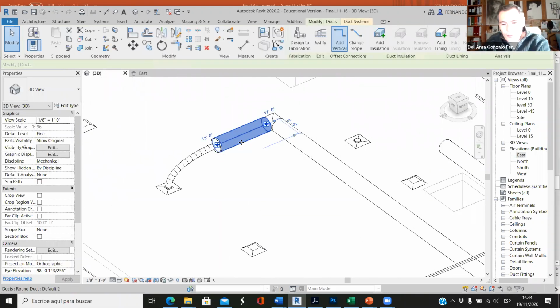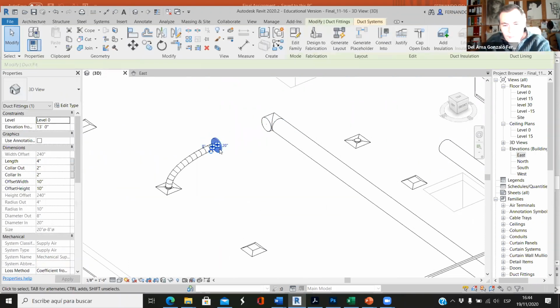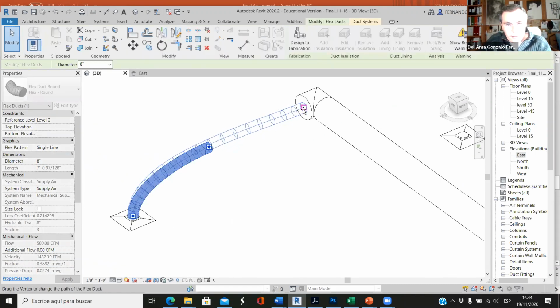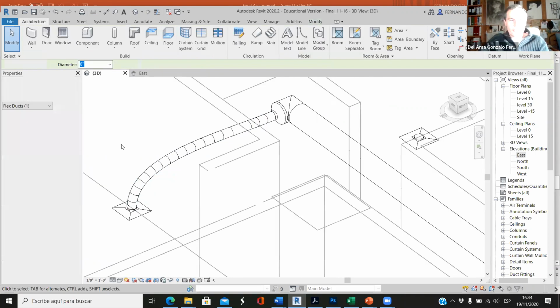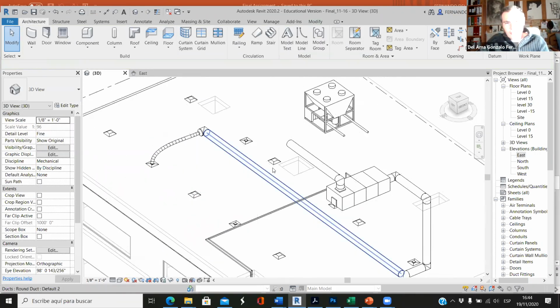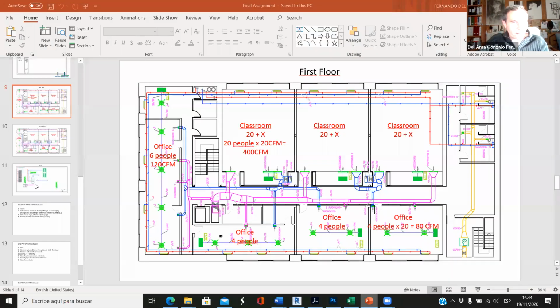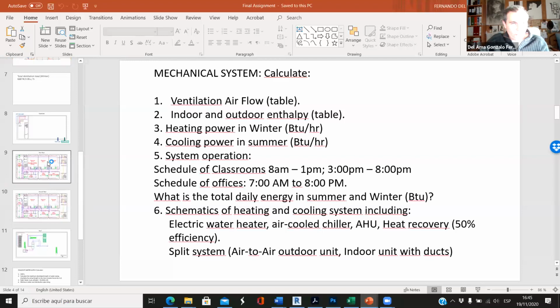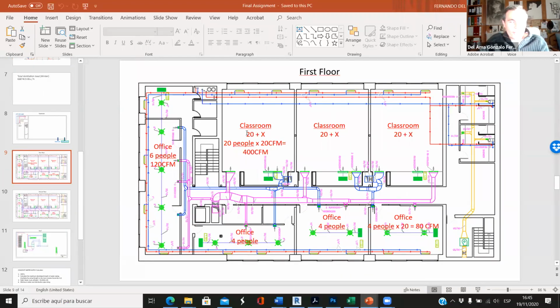I think it's better if we work with flex ducts. So let me get rid of this. And okay, it's better. And now we have to connect all these supply ducts to this. But if you remember the assignment, here we have this data and here we have the occupancy.